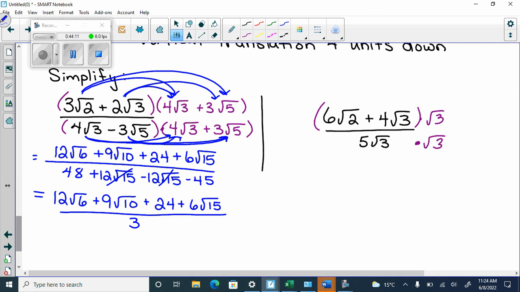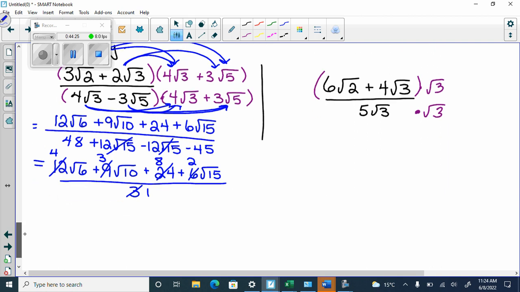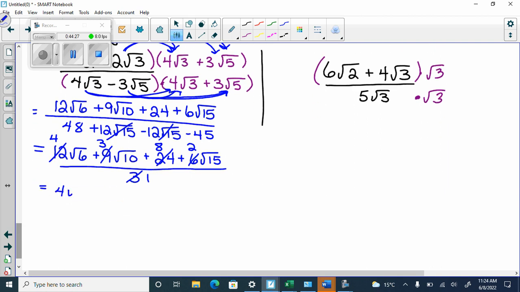We could actually take a 3 out of every single term. So this becomes a 4, this becomes a 3, this becomes an 8, this becomes a 2, this becomes a 1. Do I need to write the 1 if the 1's in the denominator? No. Do I need to write the 1 if the 1 is in the numerator? Yes. So I get 4 root 6 plus 3 root 10 plus 8 plus 2 root 15.